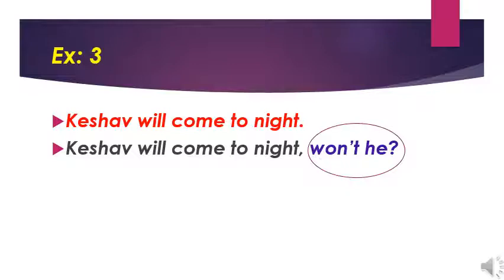So that is "won't." In this, Keshav cannot be written as it is. We have to write the pronoun "he." So, won't he, and keep a question mark after this. This complete set becomes the question tag for this statement.